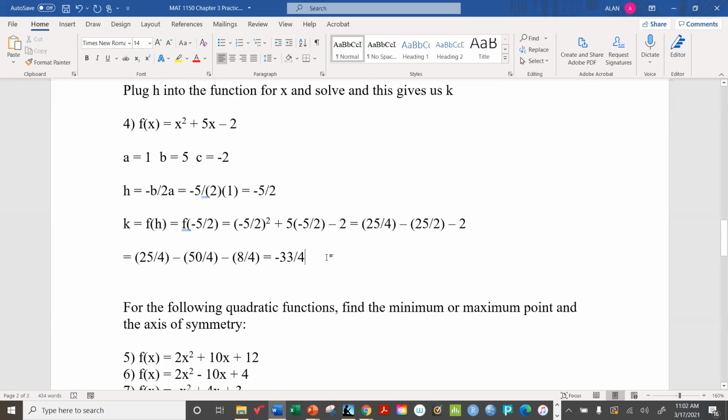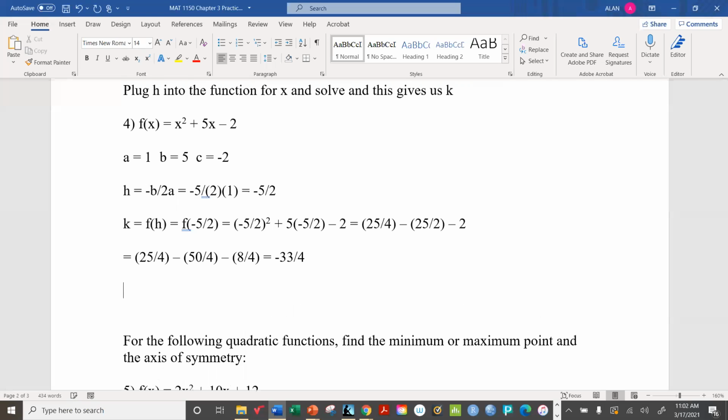Okay, so the vertex is therefore, of course, minus 5/2 comma minus 33/4.